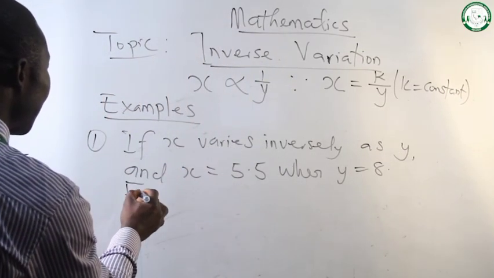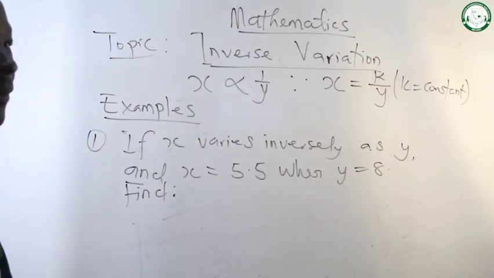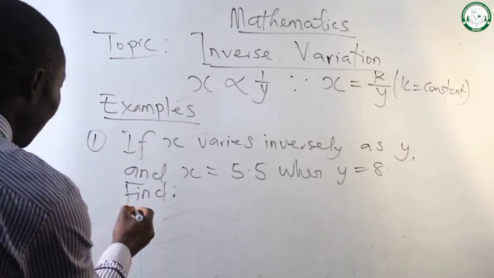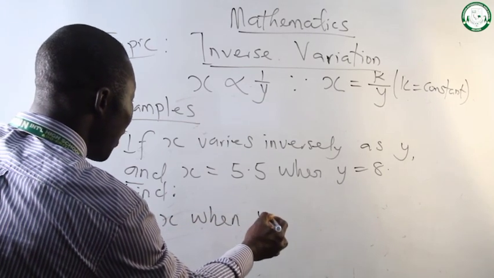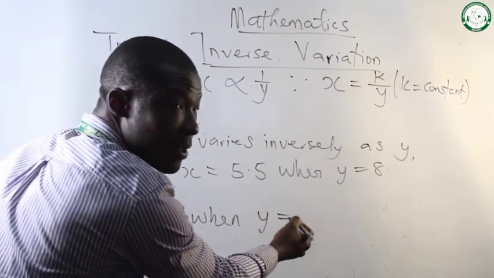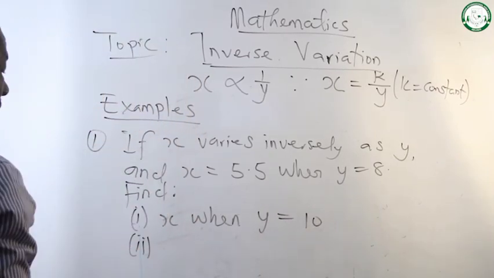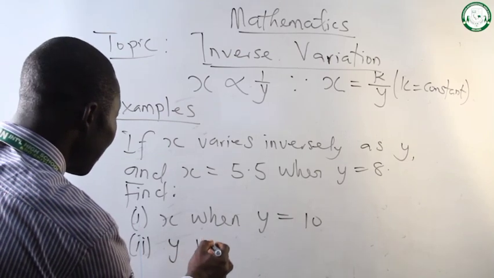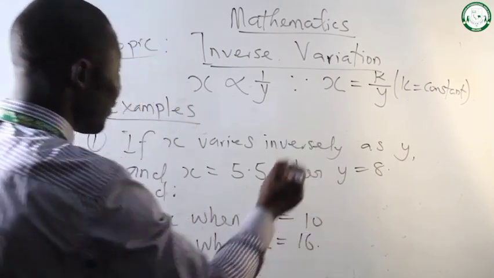So we're asked to find some values here. Number 1, we are to find x when y equals 10. Question number 2, we are to find y when x equals 16.